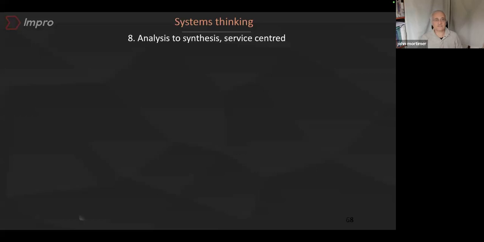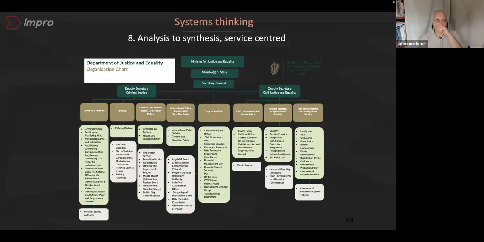But I did make quite a list of things with regard to systems thinking, because that's what this event is actually about. So number 8 is moving from analysis, which is a very reductionist type of thing, of looking at individual data points, to synthesis, being able to stand back and look at the whole. Almost all the time I go into an organization, I can't trust the data.